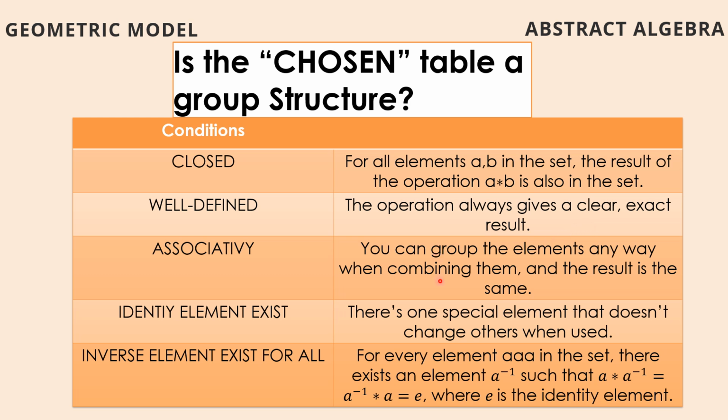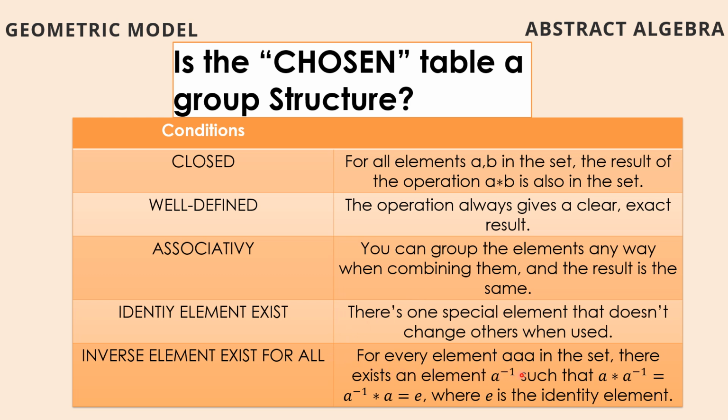Associativity, on the other hand, means that you can group the elements any way when combining them, and the result is still the same. Identity element exists, meaning that there is one special element that doesn't change others when operated. And lastly, inverse element exists for all.